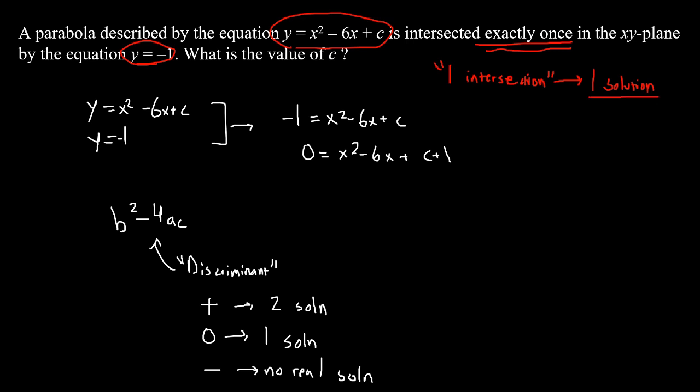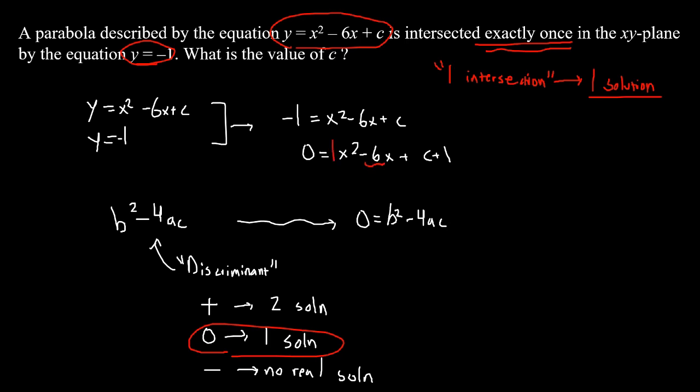So if you have one solution, then we understand that the discriminant must be equal to 0. So using this information, we can get that 0 is equal to b squared minus 4ac. Now b in this case is going to be this term, so it's going to be -6.